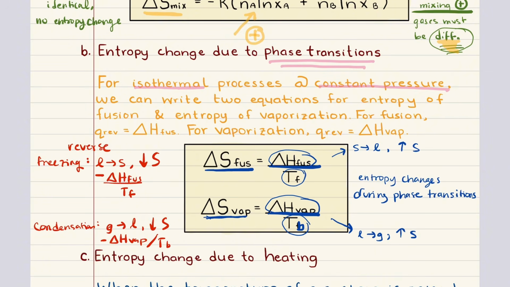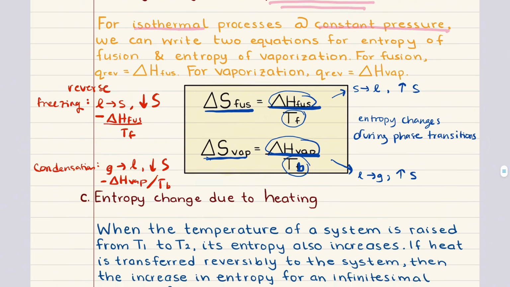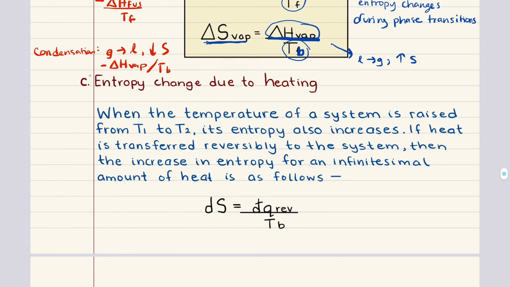Therefore, entropy changes during phase transitions give us a direct measure of how molecular freedom changes when matter shifts between solid, liquid, and gas. Finally, let's think about what happens when we simply heat a substance without changing its phase.